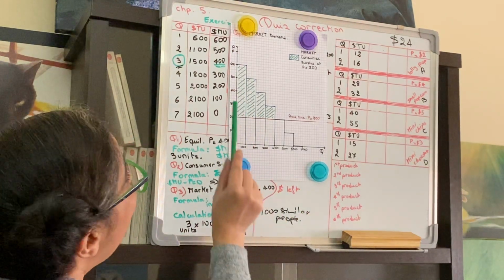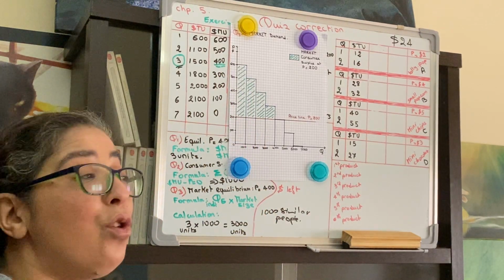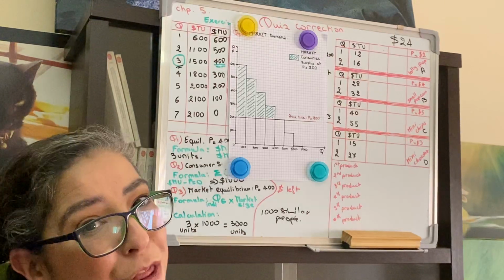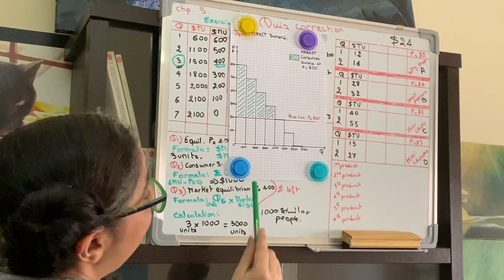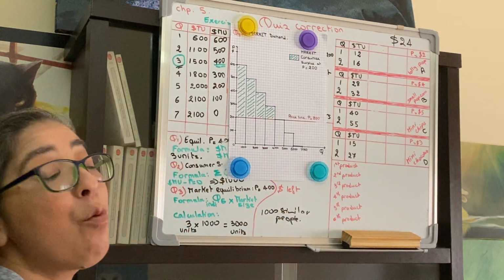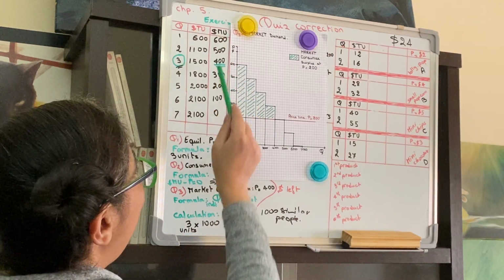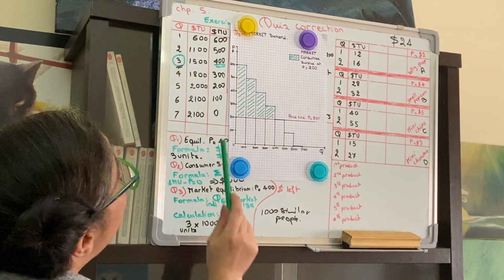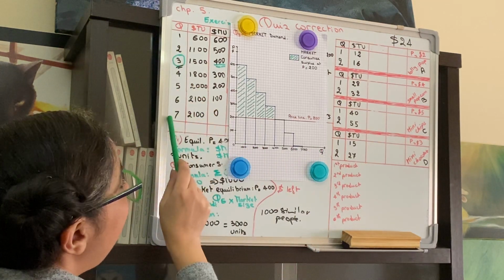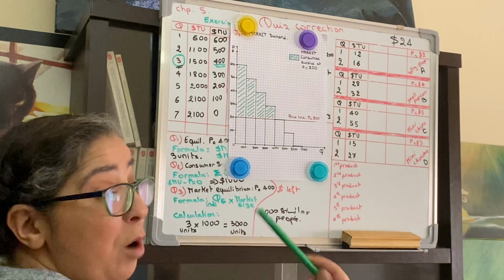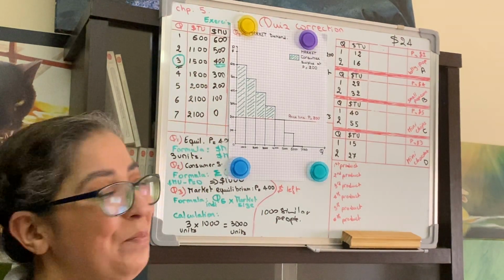Again, at 500, each one of us buys 2. So all of us, we buy 2,000. So you simply multiply the quantity by the market size, and it's going to give you your market demand. Simple. You put the marginal utility here. You put the quantity over here. If it's the individual demand, you put the quantities you have. If it's market demand, you multiply the quantities by the market size.